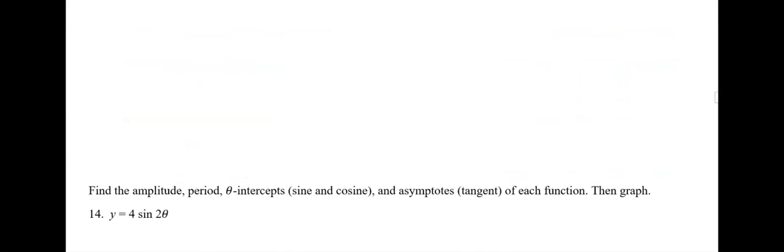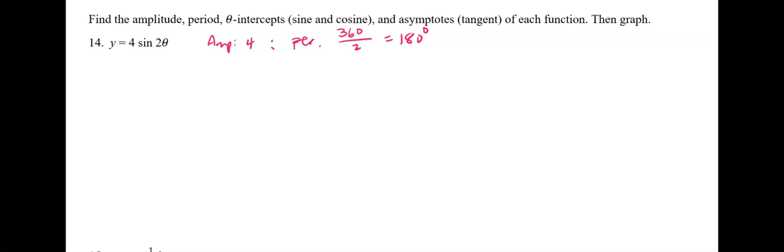All right. Here we have some graphs of sine, cosine, and tangent. So you're supposed to find the amplitude, and so the amplitude is 4 for this graph. The period for sine is always going to be 360 divided by the factor in front of theta, so that's 2.